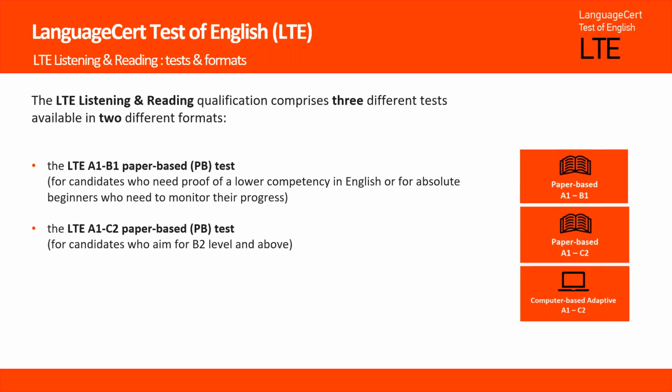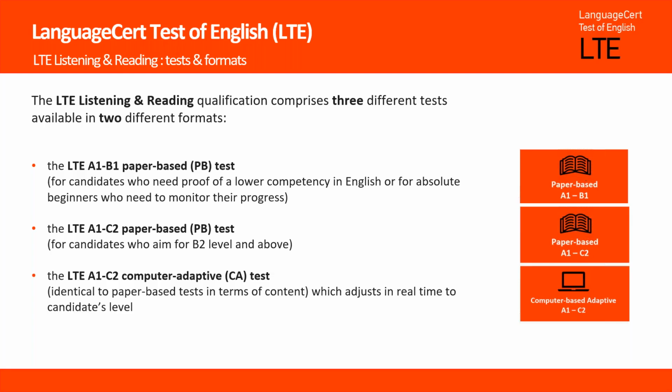The LTE A1-C2 paper-based test is geared towards candidates who aim for B2 level and above. And the LTE A1-C2 computer adaptive test is identical to the paper-based test in terms of content, but adjusts in real time to the candidate's level.